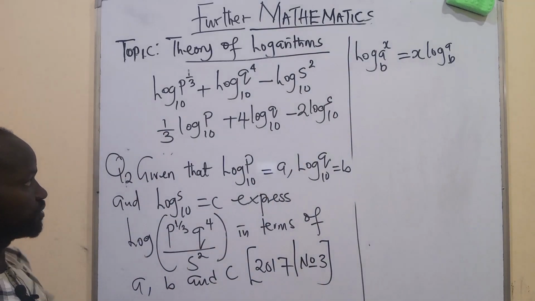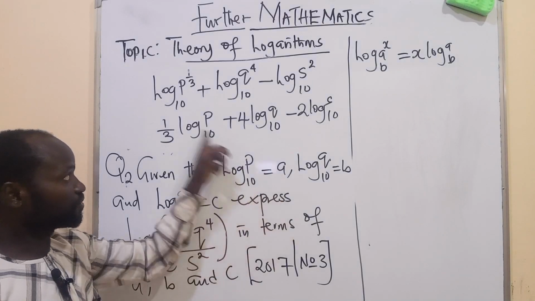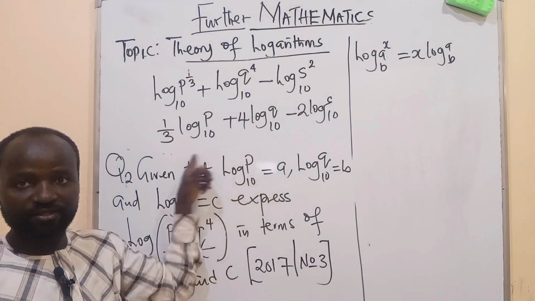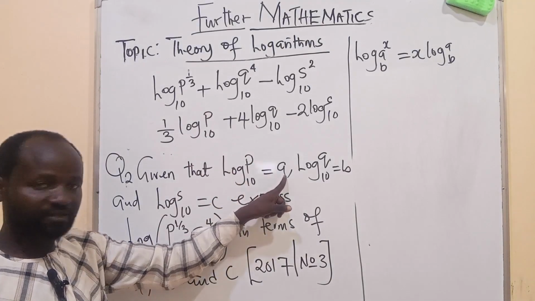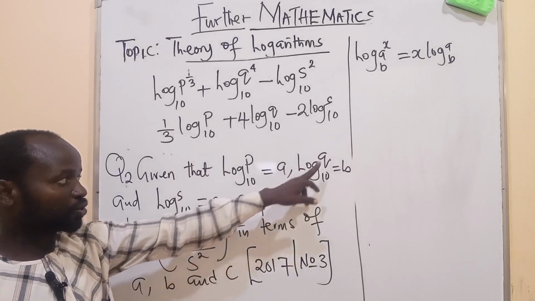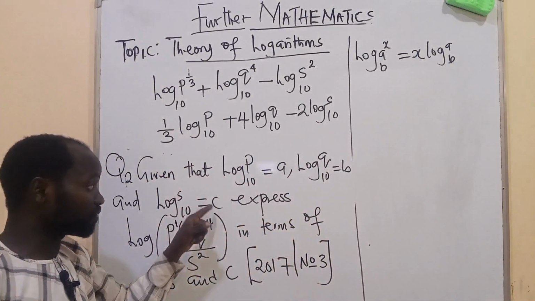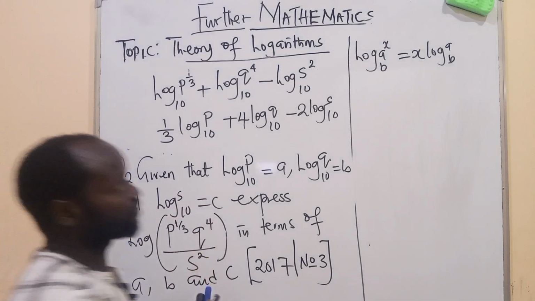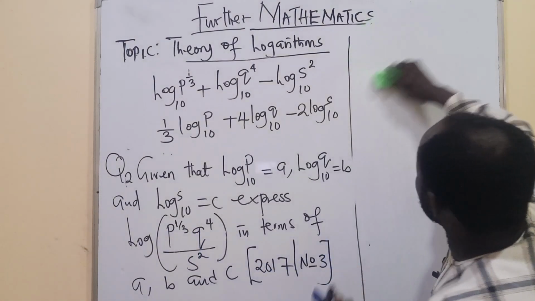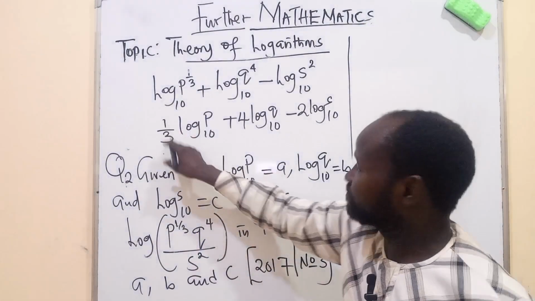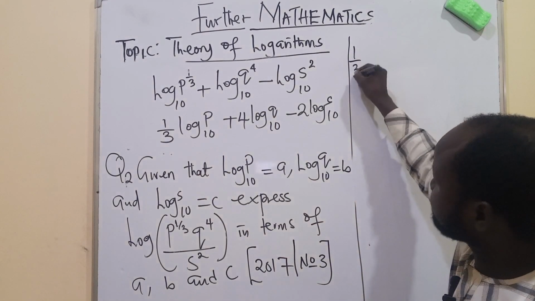From the question, we are told that log p to base 10 is a. So here, anywhere I see log p to base 10, I'll replace it with a. The same thing with log q to base 10, I'll replace it with b. The same thing with log s to base 10, I'll replace it with c. So let's move here. Let's start now. I have 1 over 3.